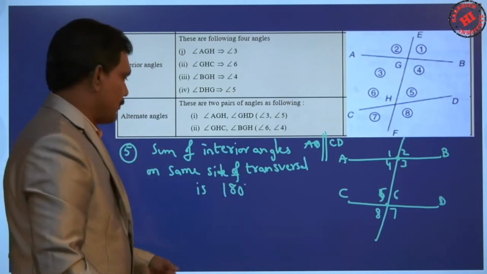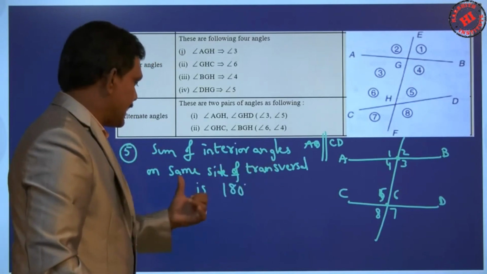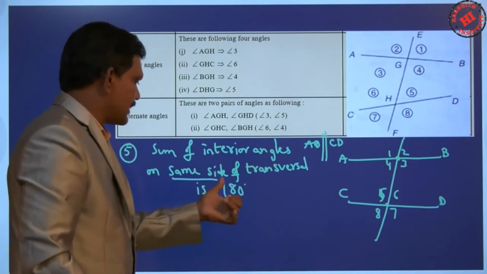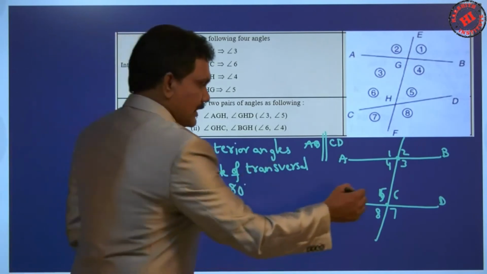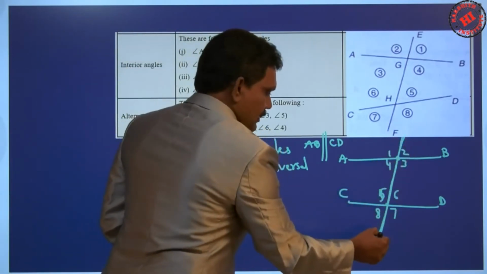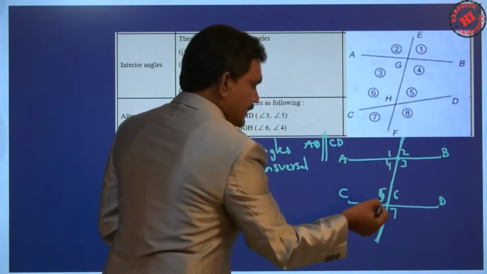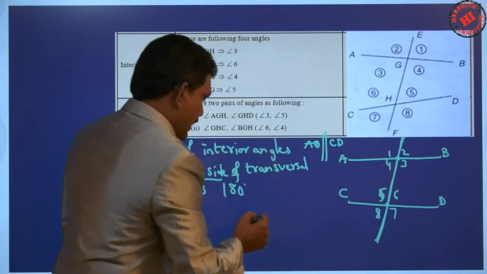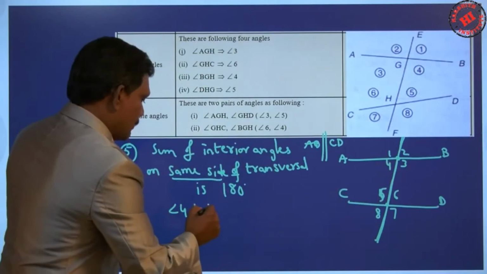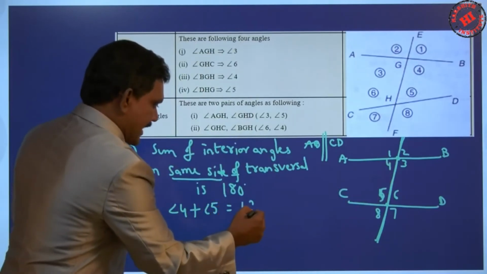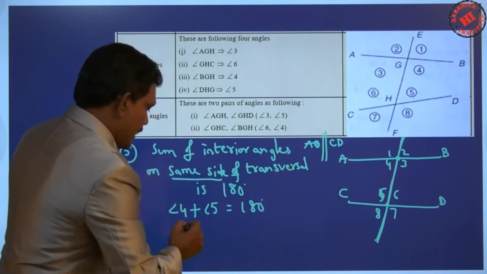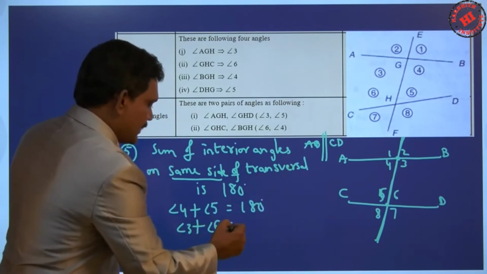Since this is the transversal, internal angles are 3, 4, 5, 6. Same side means 4, 5. That is angle 4 plus angle 5 is 180. Similarly, angle 3 plus angle 6 is equal to 180.